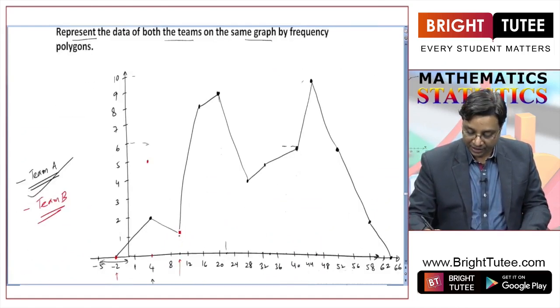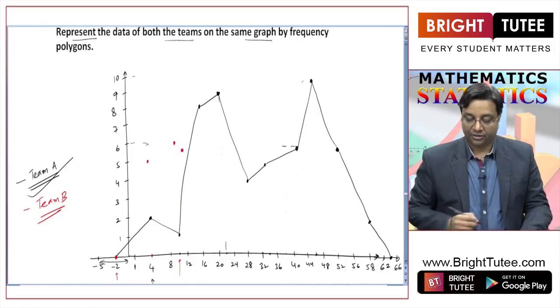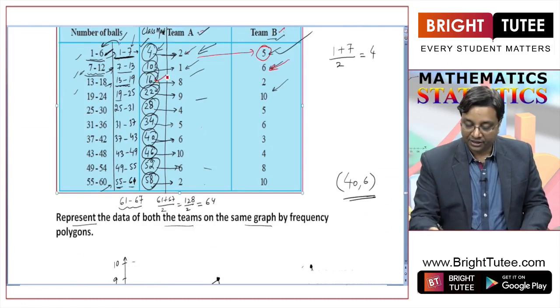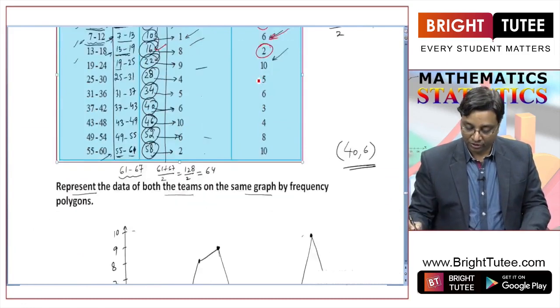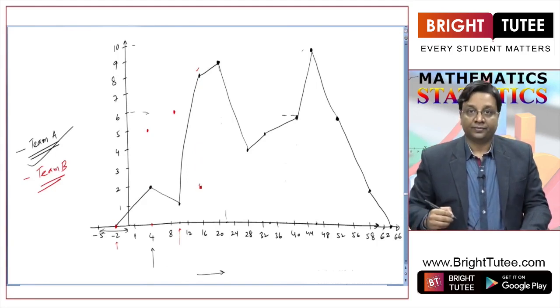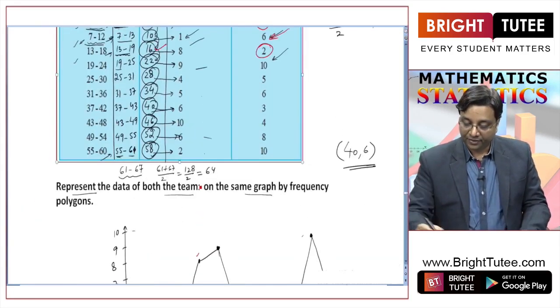So I'll go up to this height, 6. Corresponding to the next class mark, which is 16, I'll go up to 2 units. So this point will be below this point and it will be somewhere here. I hope you have understood this logic.